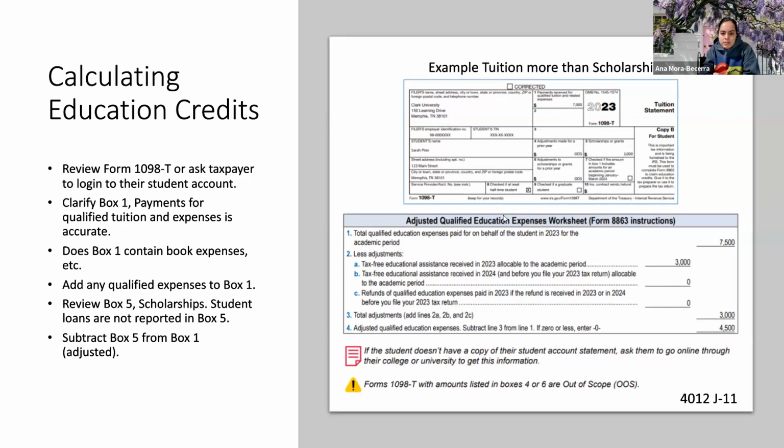I think this one is just showing us that they had more tuition than scholarships, so they're qualifying for a credit here.